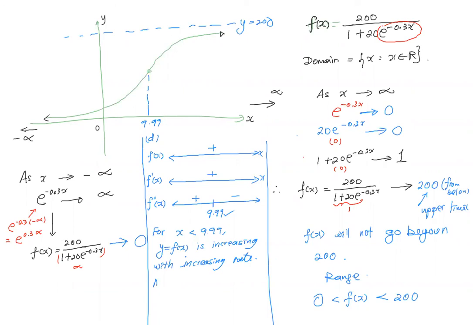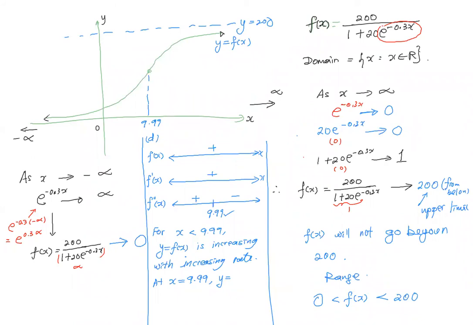Then at x equal to 9.99, can someone help me to explain? Is it also f'(x) is increasing? I'm talking about f(x), young man. I'm asking you to describe the changes of y equal to f(x). That is your question for part D, am I right?